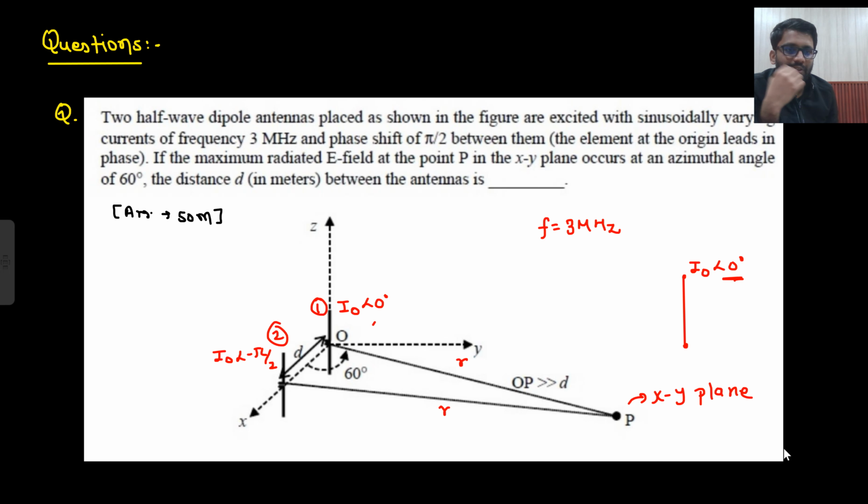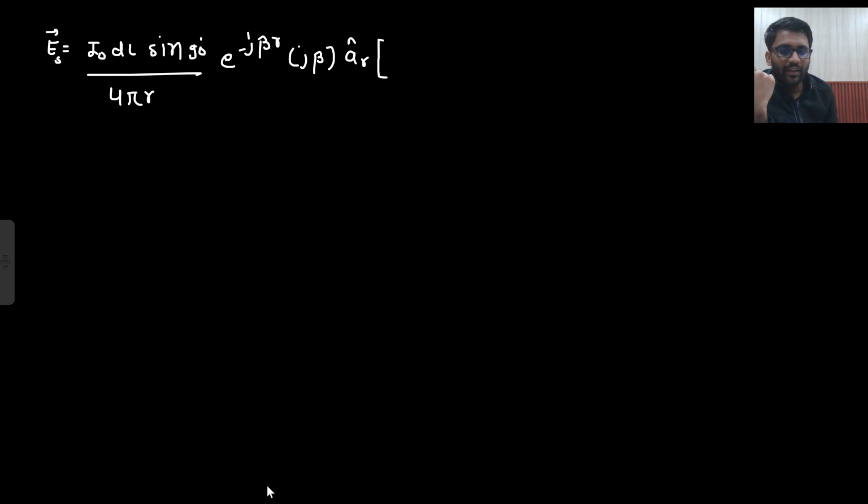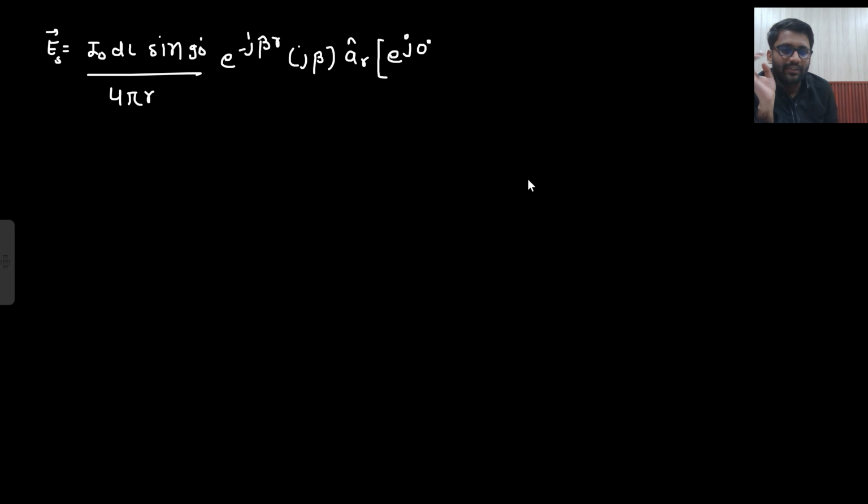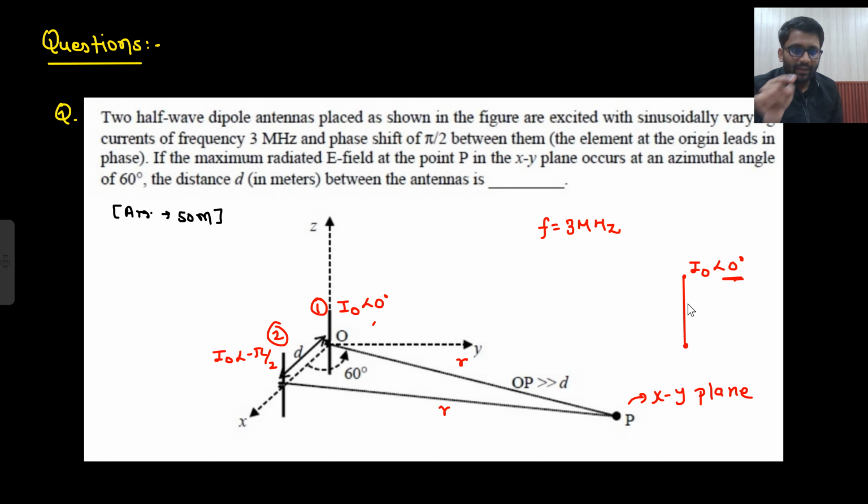I assumed the phase to be 0 degrees, and element 1 also has a phase of 0 degrees. So I write e to the power j 0 degrees, then e to the power j beta. Now I will join my imaginary antenna from the origin towards element 1.